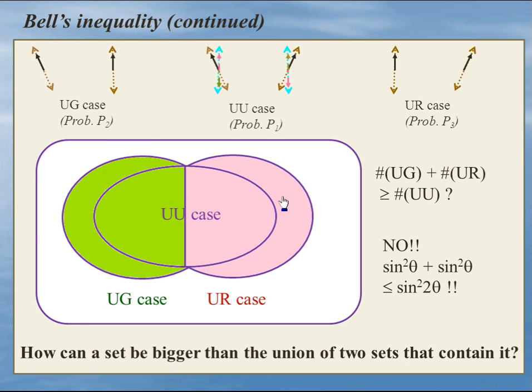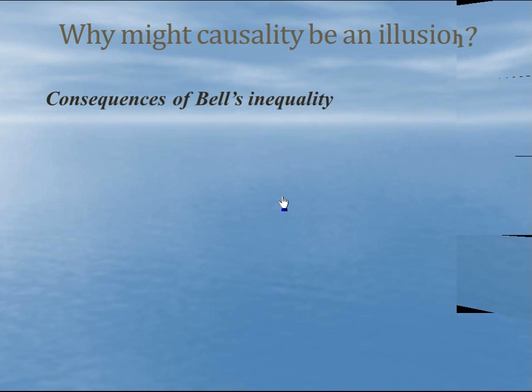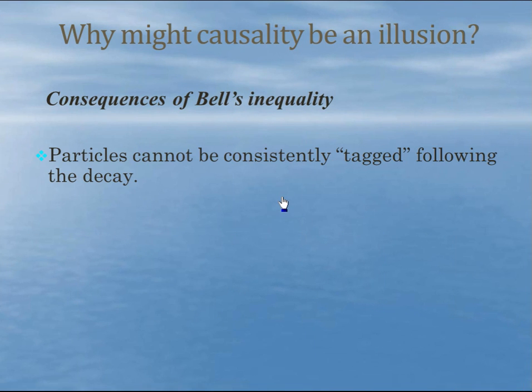Okay, so let's summarize where we are. Particles cannot be consistently tagged following the decay. In other words, when the two daughter particles come out, we can't say they already know what they will record when they reach the detector. They can't be tagged as UU, UG, or UR.